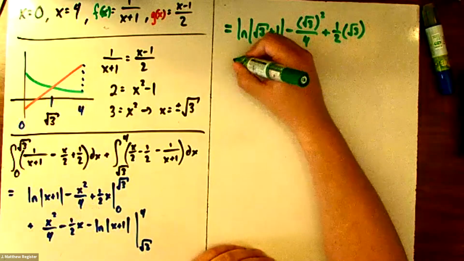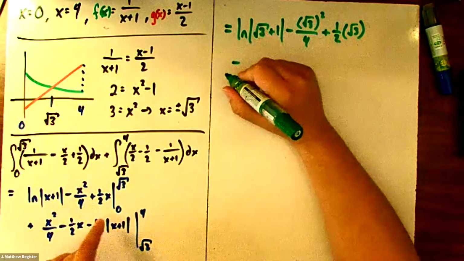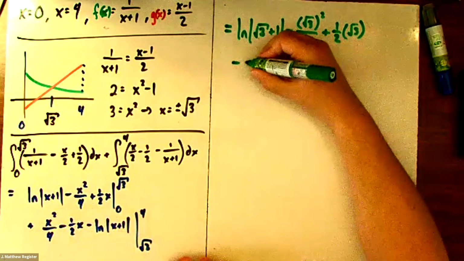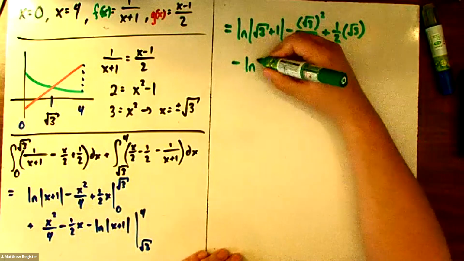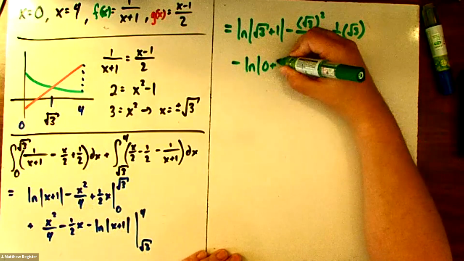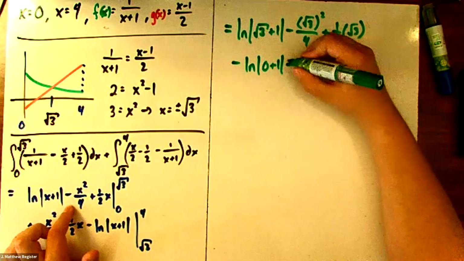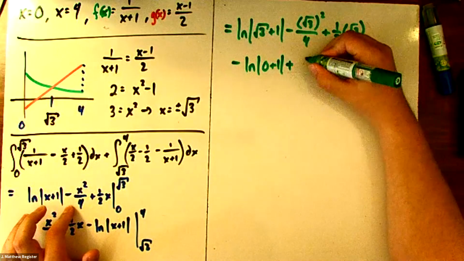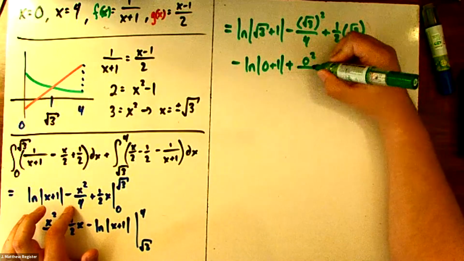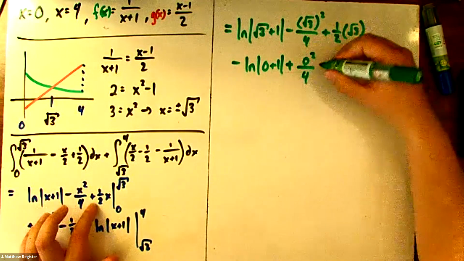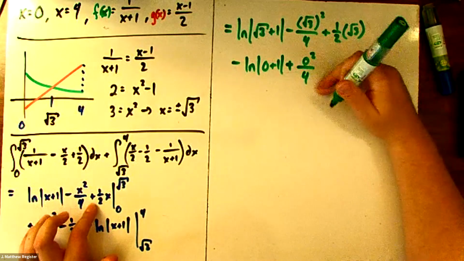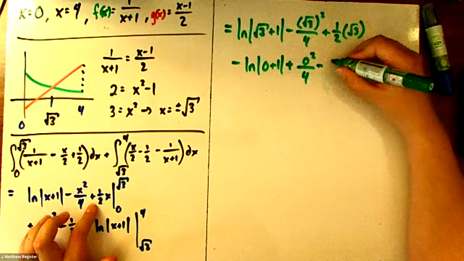And then it's going to be minus all of the things evaluated at 0. So that'll be natural log of absolute value of 0 plus 1. It'll become a plus 0 squared over 4. Then it'll be a minus 1/2 of 0.